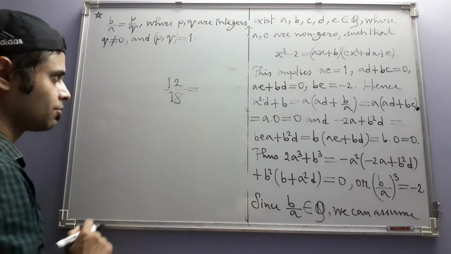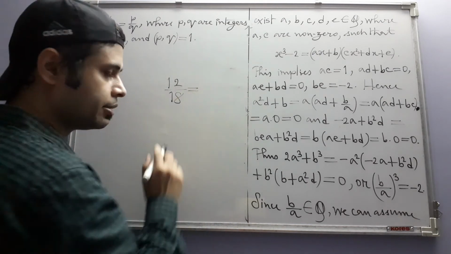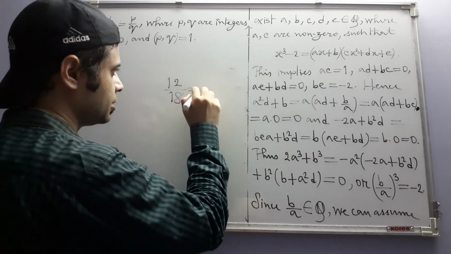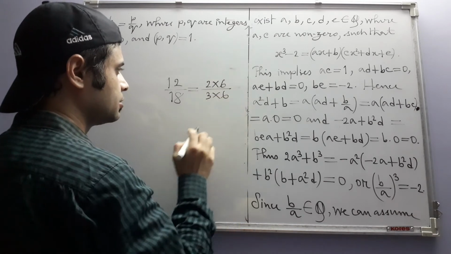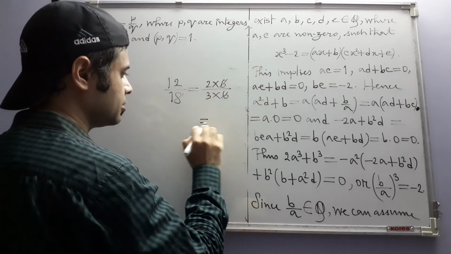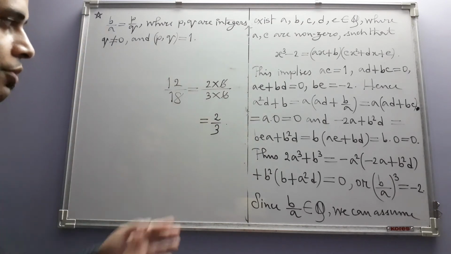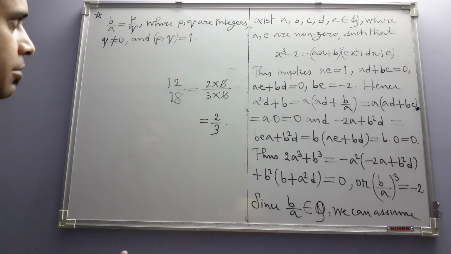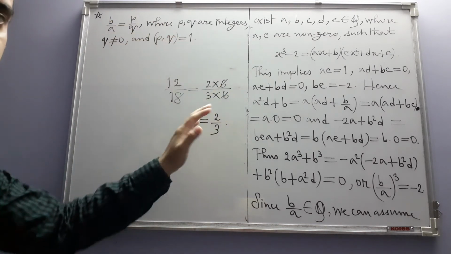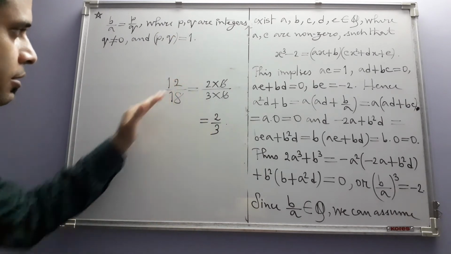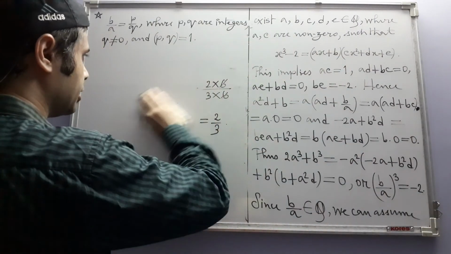In this case that is not 1, that is what? 6. 6 is the greatest common divisor. 2 times 6, 3 times 6. But after you cancel 6, you get an equivalent expression for the same number like this, 2 divided by 3, and 2 and 3 are relatively prime. So we can always find an expression where the numerator and denominator are relatively prime. If they are not, we cancel the common factors that are greater than 1.